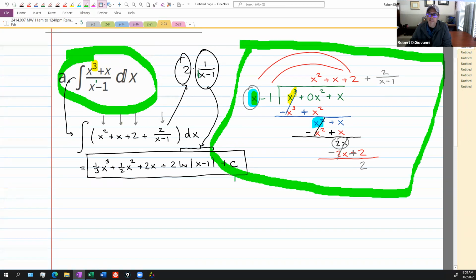Do you see our first step? Long division. We took x cubed plus x and we divided it by x minus 1. That was our very first step of the problem. And this was our answer with the remainder there. And so what we did is we rewrote this as this, and then we did calculus to it. You don't need to worry about that part.